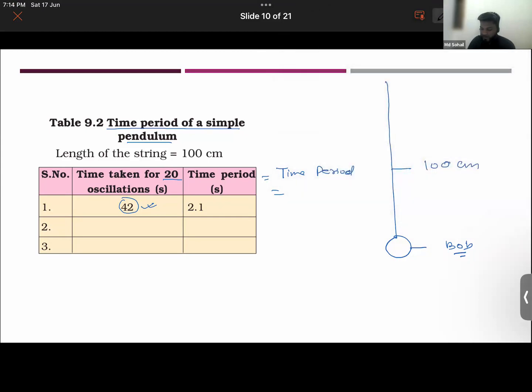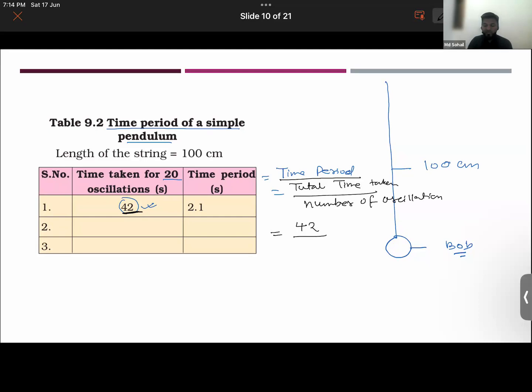So the time period of the pendulum will be calculated like this: total time taken divided by the number of oscillations. The total time taken for 20 oscillations is how much, as given here? 42.